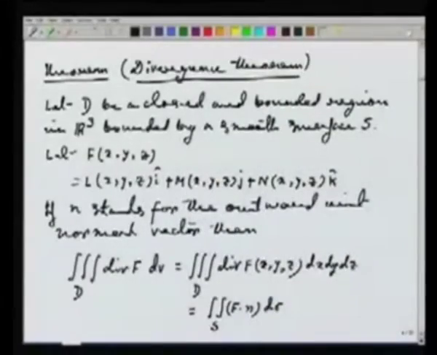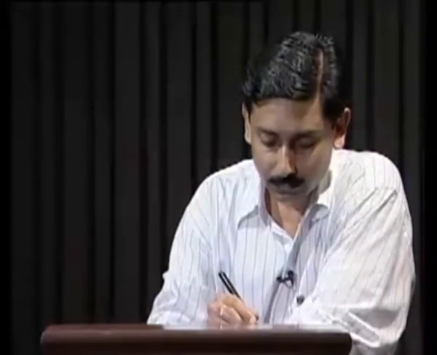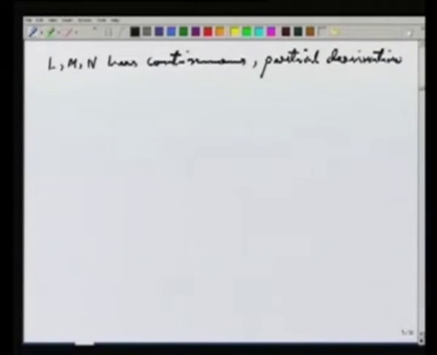What we usually use here is that L, M, N have continuous partial derivatives. Okay. So, those kind of functions we are choosing.